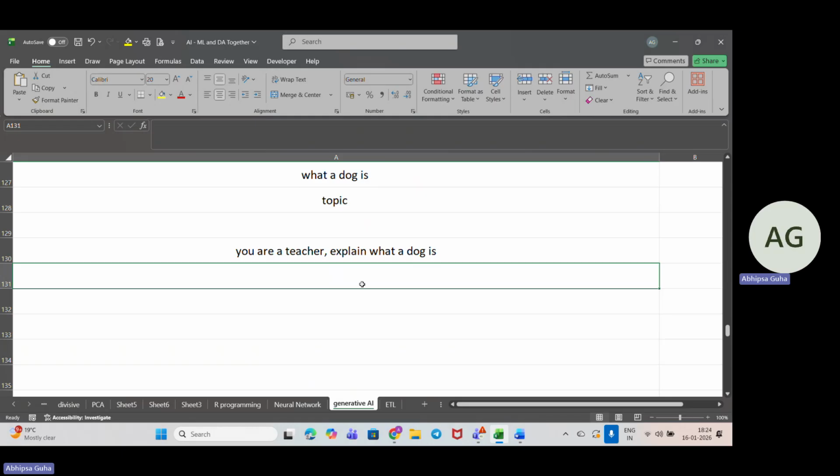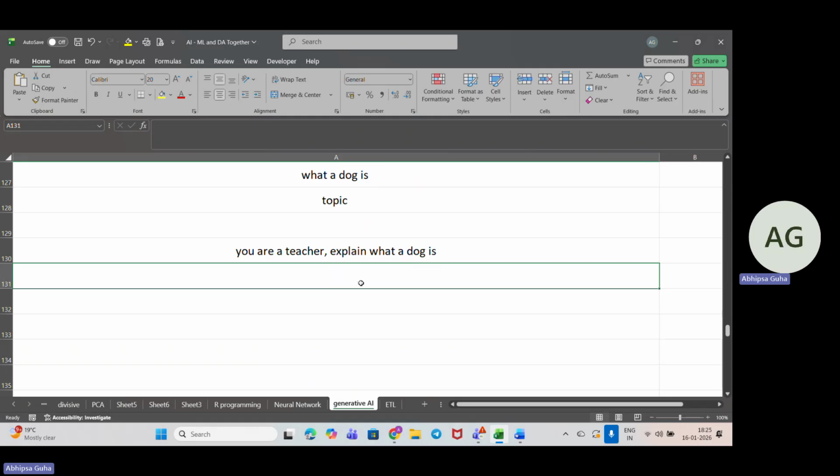Now "explain what a dog is" sets the task. Now AI thinks, I must teach, not just define. If I give this prompt, the AI will think that it must teach someone, not just give a definition.